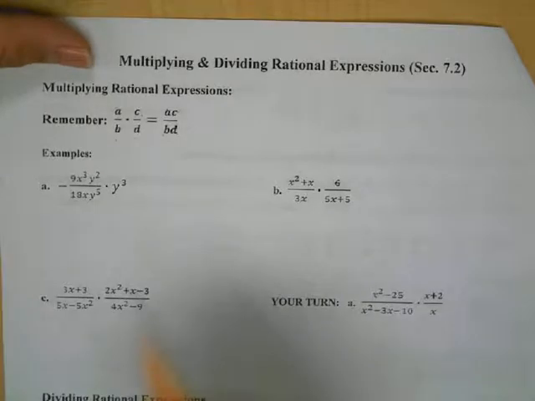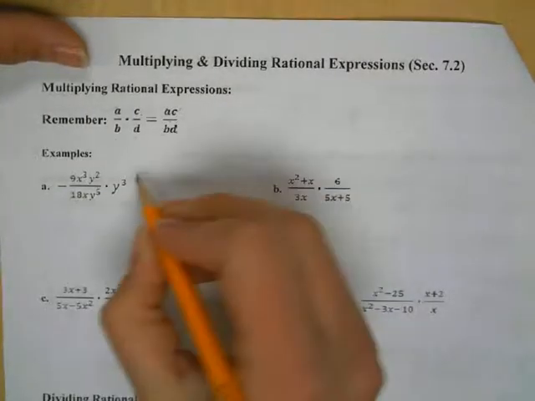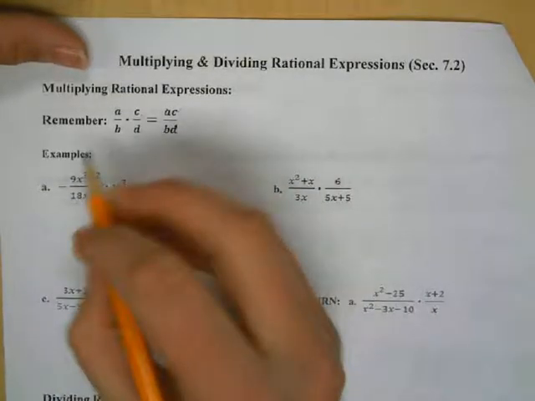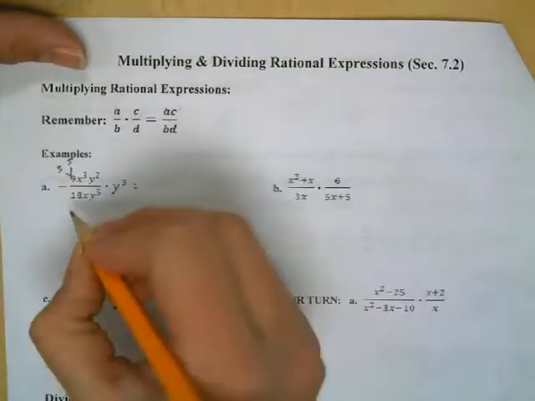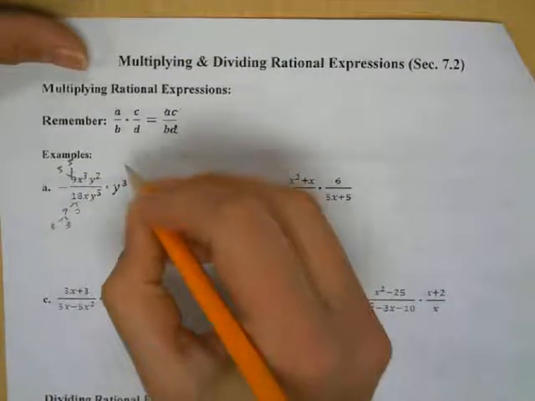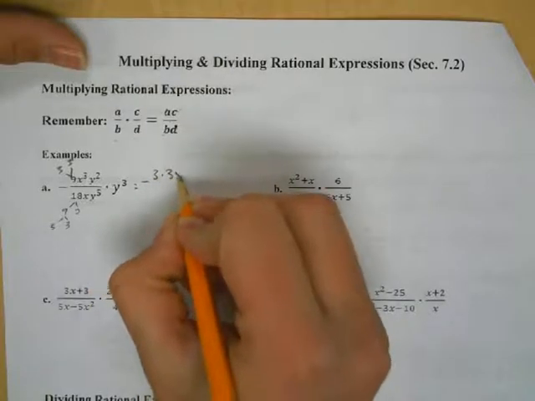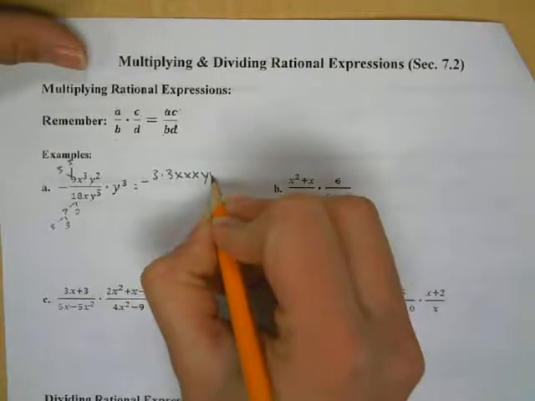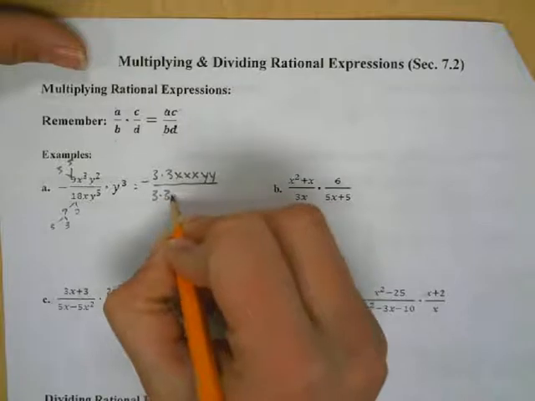So we're going to look at doing that. I'm going to start with an easier one here that I can actually write out and show you. So for instance, if I were to write this out longhand, remember we did this in section 7.1, so 9 would break into 3 and 3, 18 would break into 9 and 2, which breaks into 3 and 3. So I can write the top out as 3 times 3 x's, 2 y's, all divided by 3, 3, 2, that's my 18.